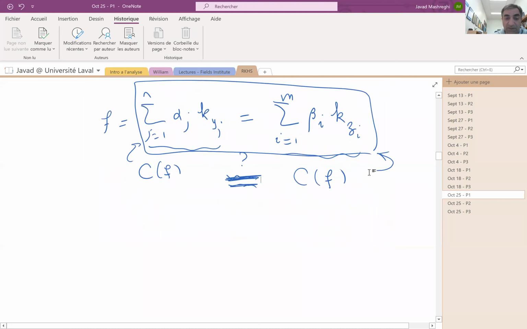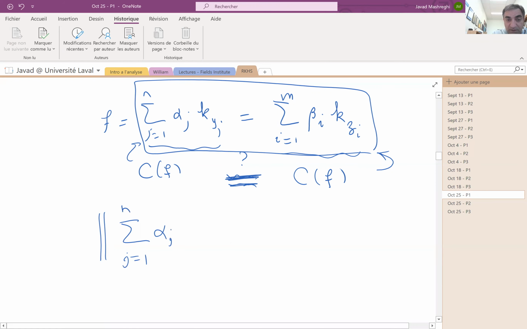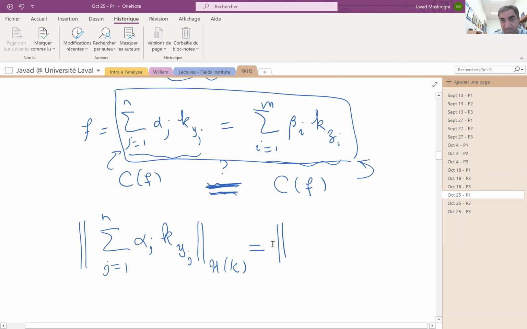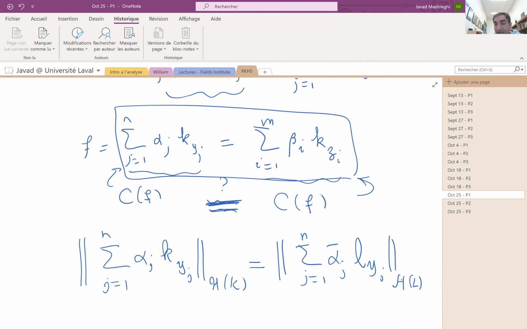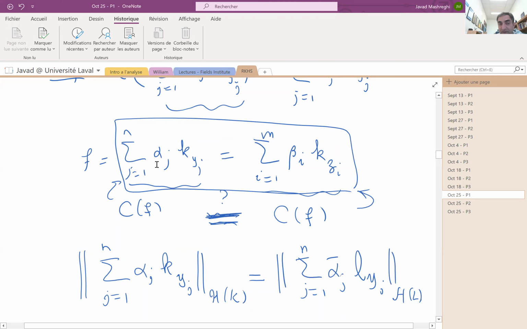In other words, if I can show that the norm of sum j from 1 to n alpha j k y j in the first space is equal to the norm of its image, which I wrote as sum j from 1 to n alpha j bar l y j in H of L. If I can show this for any linear combination with the different alpha j, that is enough, because you take the difference here and you have a combination such that it's equal to 0.